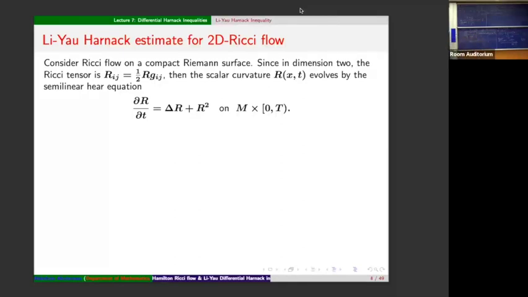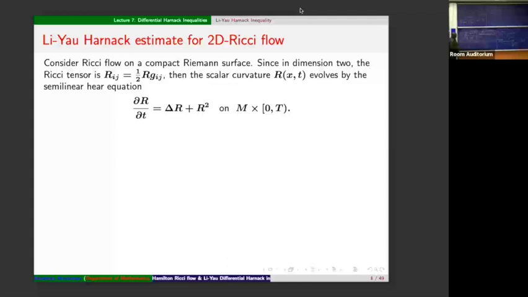But this was proved by Hamilton, and it is true. You just have to do some modification on what we did before, and you will be able to prove this.